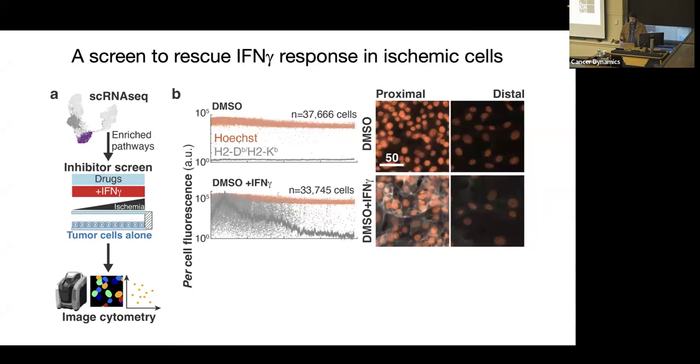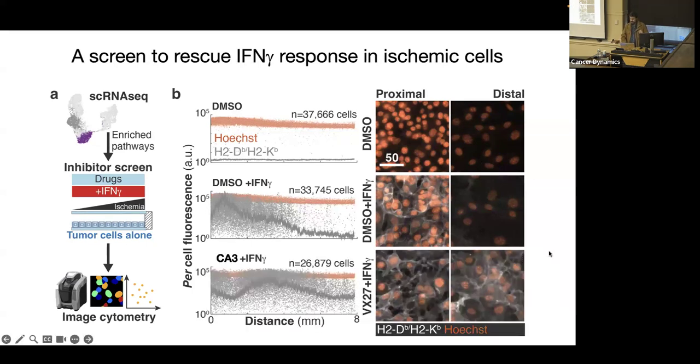So with the single cell sequencing data, we did some pathway enrichment analysis, identified key pathways, and then we did an inhibitor screen. We have a couple of candidates, but for example, inhibition, or reactivation, of the Hippo pathway through this inhibitor completely rescued MHC1 in these distal regions.